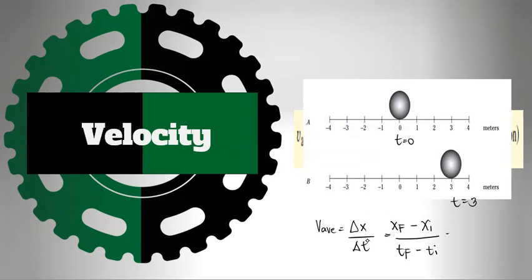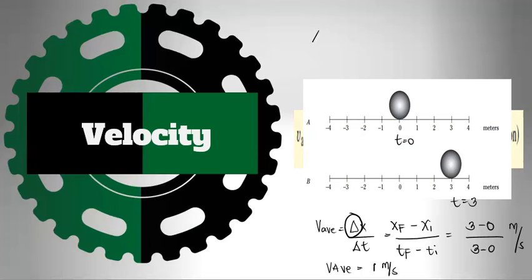That equals 3 minus 0 over 3 minus 0. This is meters, this is seconds. So V average equals 1 meter per second. So the average speed the ball takes to move from 0 to 3 is 1 meter per second.